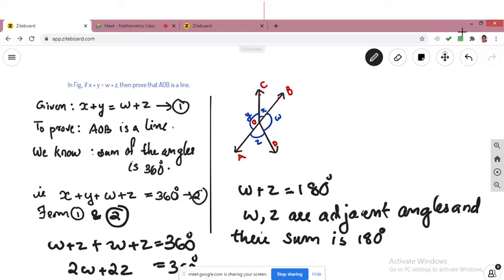So is anything coming to your mind? Yeah, you were saying that earlier. It means it forms a line, ma'am. Okay, a straight angle.